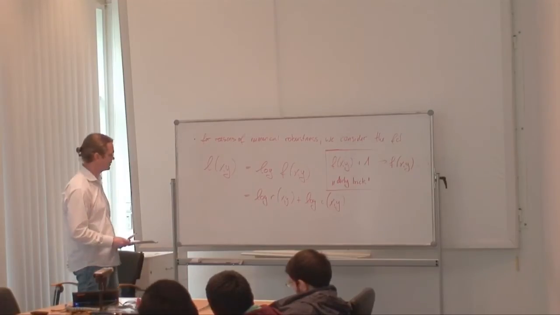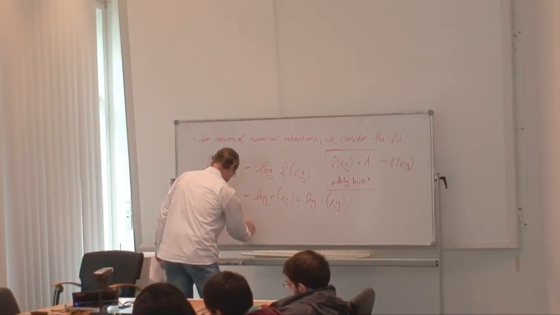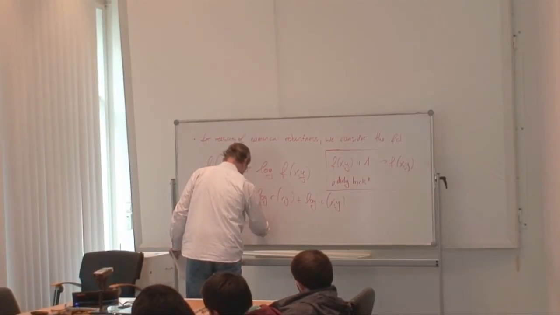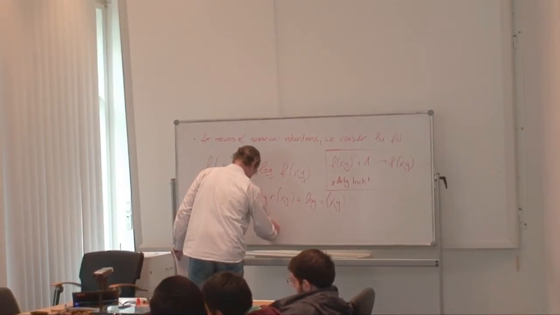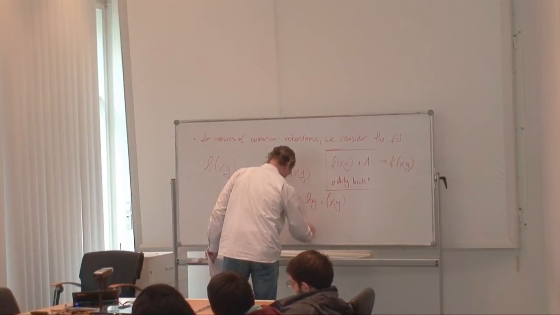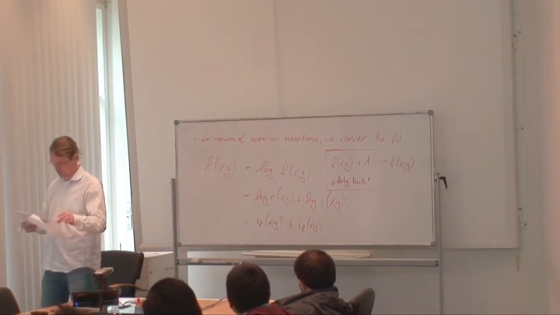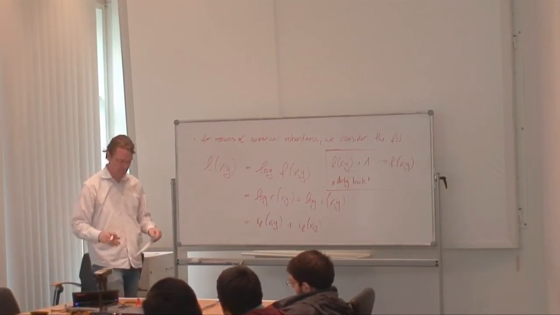And from now on, I will write these two functions with a new name, just because I'm lazy. So this is RL of x and y plus IL of x and y. This is because I'm too lazy to write down log R all the time.